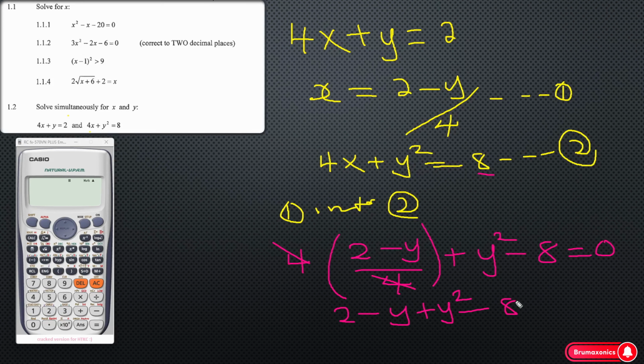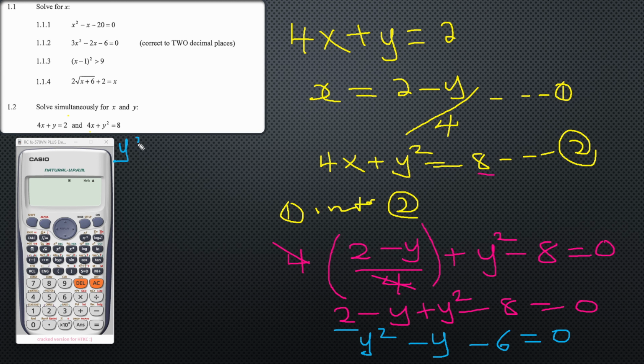Now we can simplify our equation and get our values. Plus 2 and negative 8 will give you negative 6, okay? I was just rearranging them, so at the end of the day, we are going to have y² - y - 6, right?